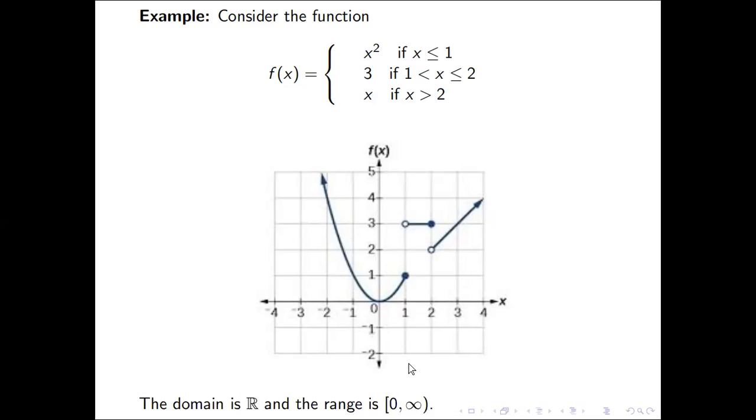No portion of the graph lies below the x-axis, or y equals 0. So all y values will range from 0, the lowest y value based on the graph, up to infinity, since the parabola and the line both extend in the positive y direction. So 0, including 0, to positive infinity. So you do have to find the range using the graph for piecewise defined functions.